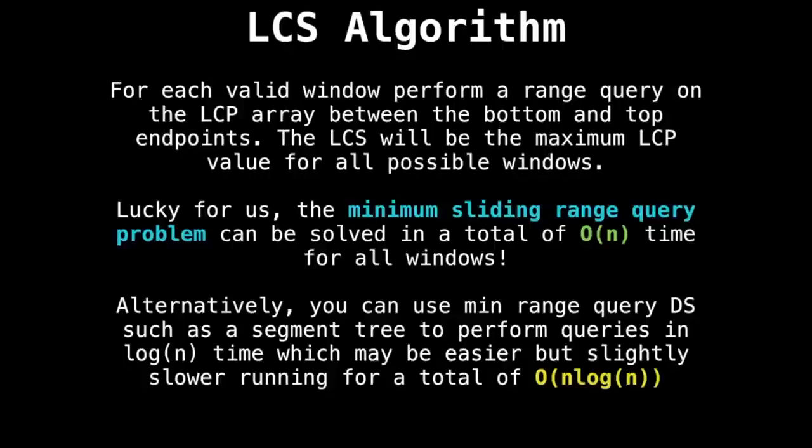Since we're dealing with a sliding window and not just any arbitrary range query, we can use a linear solution from the minimum sliding range query problem to obtain the value we want. Alternatively, I would recommend using a minimum range query data structure, such as a segment tree, to perform logarithmic range queries on the LCP array. This is theoretically a little slower, but it is much easier to implement, in my opinion.